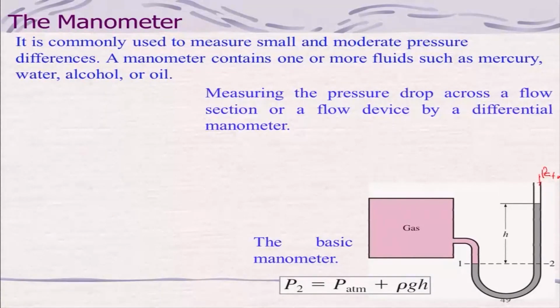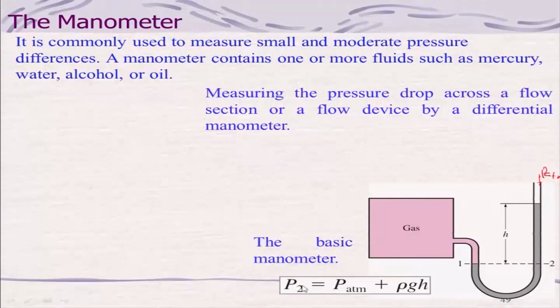P2 is equal to P atmospheric plus rho g h, right. The pressure will be changing with respect to height because of gravity. So then I can find out, because I know the atmospheric pressure, I know the density rho, density of the manometric fluid, and g is your gravitational acceleration, right.